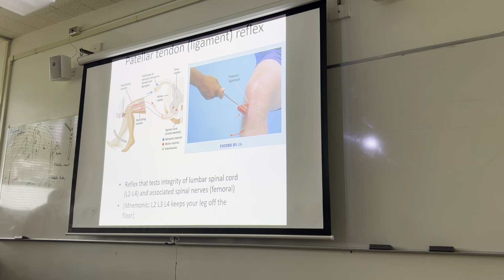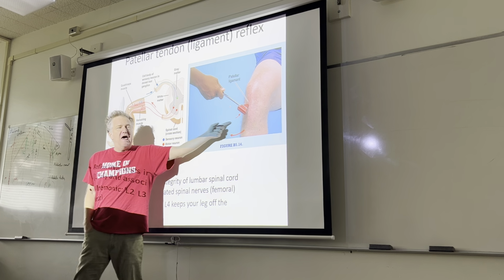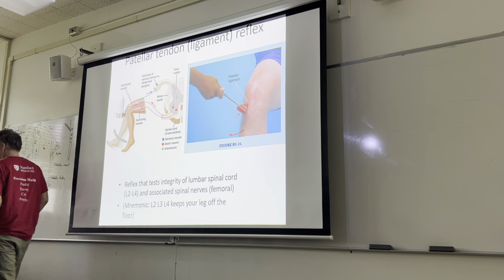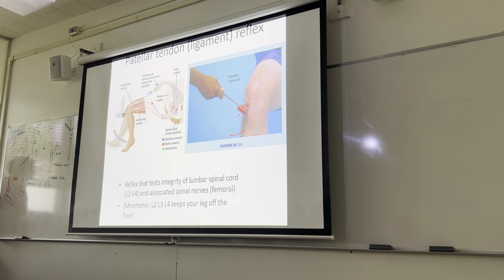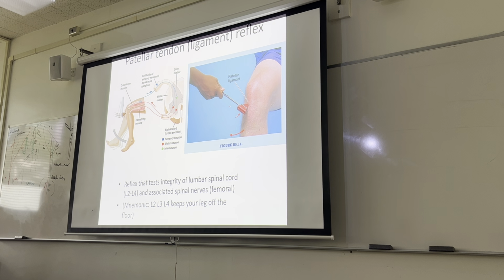Oh, I did have it in here. Okay, so we do this test, and what the neurologist or the clinician is really interested in is the integrity of L2 to L4 spinal cord. If it's intact, then this reflex will be generated. But if I compare left and right reflex, and one reflex looks massively exaggerated, that might indicate an upper motor neuron problem.